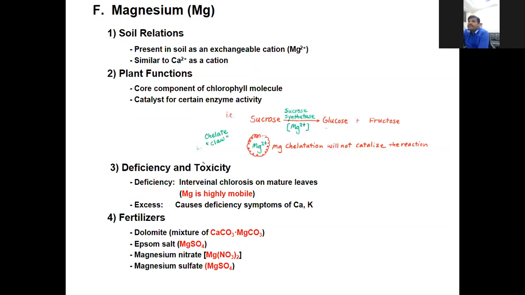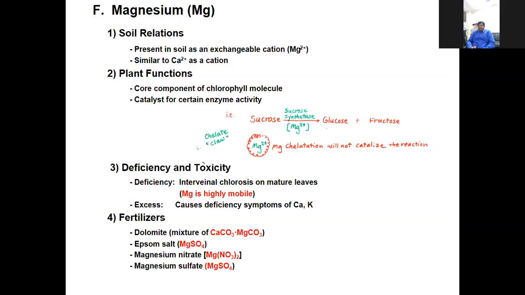Deficiency symptoms, roles and correction measures of magnesium. Its plant function is as a core component of the chlorophyll molecule. It is the only element which is required in synthesis of the chlorophyll molecule, and a catalyst of certain enzymatic activity is the role of magnesium. The basic role is that it is involved in synthesis of the chlorophyll molecule.